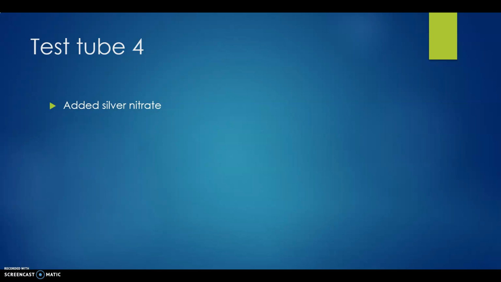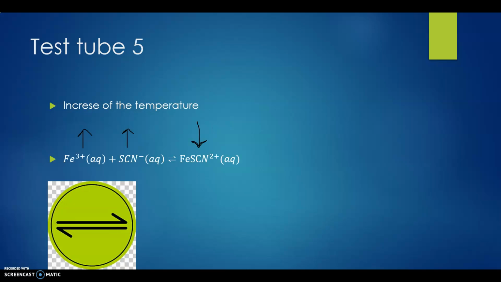In the fifth experiment, we increased the temperature of the solution in the test tube, which made it a little less red, and then it counter-reacted as a result of increasing the temperature, and it increased the rate of reaction for the reverse reaction, because this reaction is endothermic, so therefore it could use the heat to absorb it.